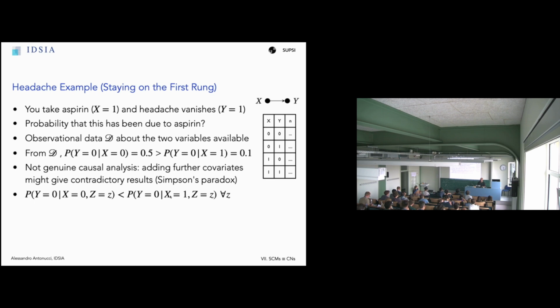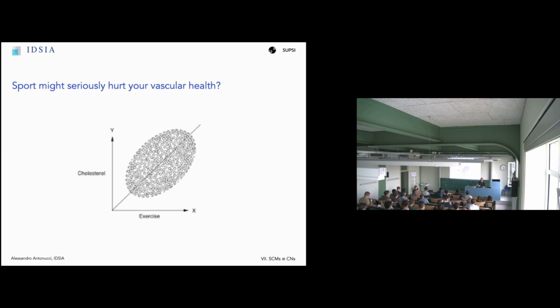This is also related to what people call the Simpson paradox. This is from the book of Pearl. You see, these are aggregated data about people doing exercise and the level of cholesterol.